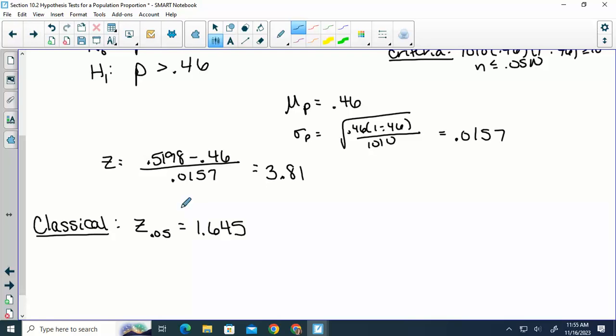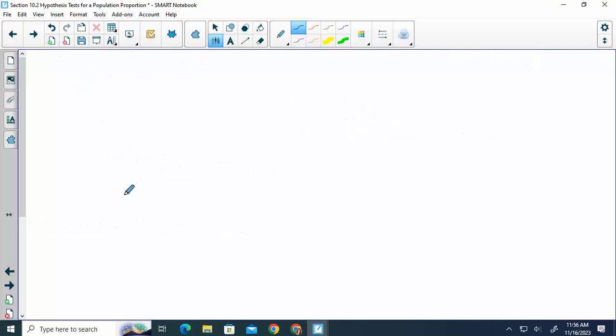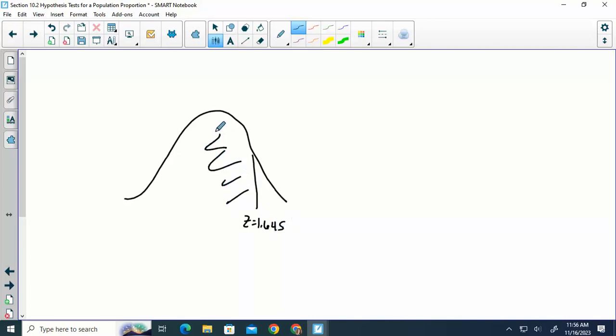So in this case, essentially what that means is that if it's less than this, we're good. We will reject if my z takes me greater than that. So if our z is 3.8, would that be in my reject region?